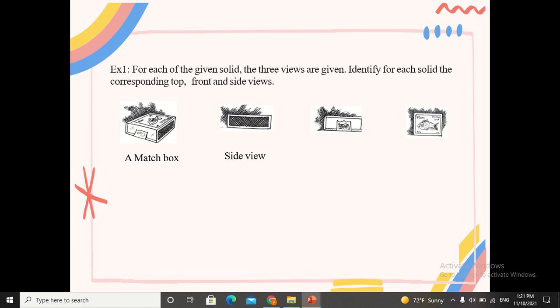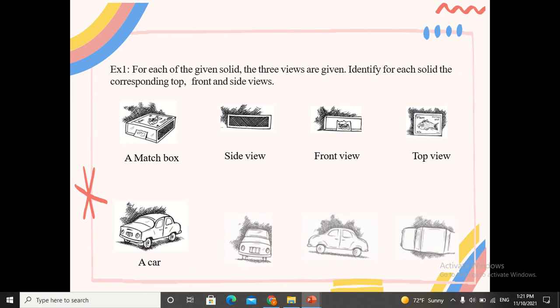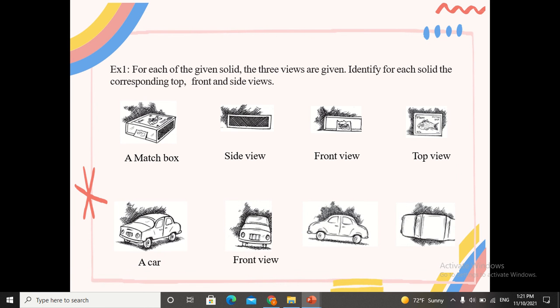We have side view, front view, and top view. A car. We can see side view, front view, and top view from top to bottom.